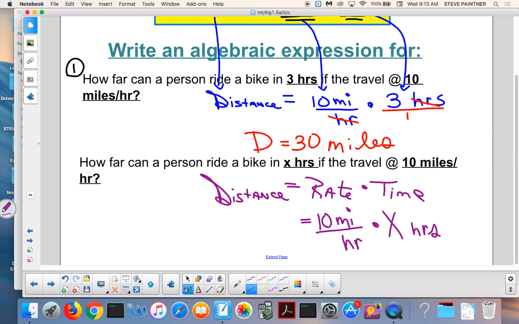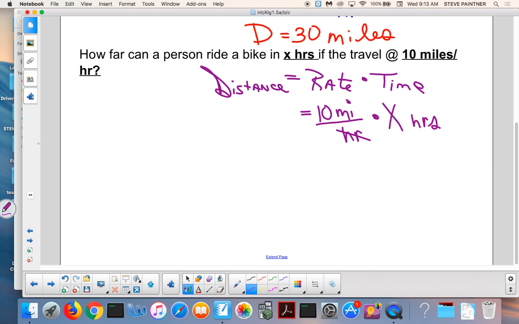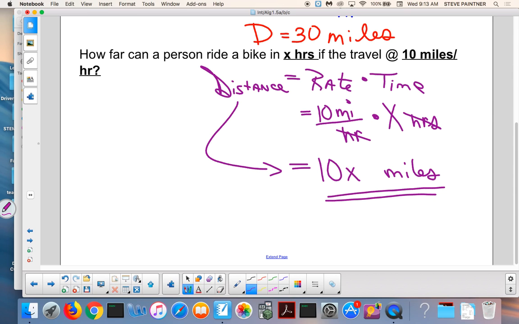Units are going to what? Units are going to cancel out, and the answer becomes 10 miles times X, which is what? 10X. The answer is 10X, or just say 10X what? Miles. That's the answer.